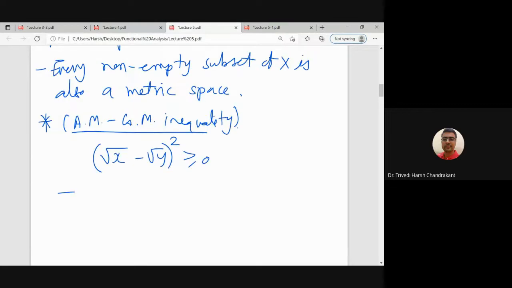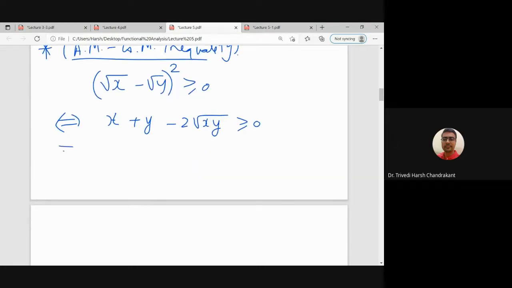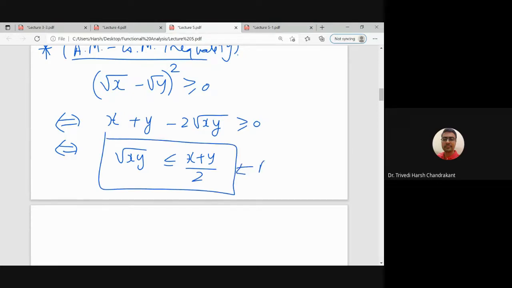That means if we square this, we get x plus y minus 2 root xy, which is non-negative, and that is nothing but root xy is less than or equal to x plus y by 2. This is the AM-GM inequality. This is the arithmetic mean of x and y, and this is the geometric mean. We apply this inequality whenever x and y are non-negative numbers, so that we can take the positive square root.